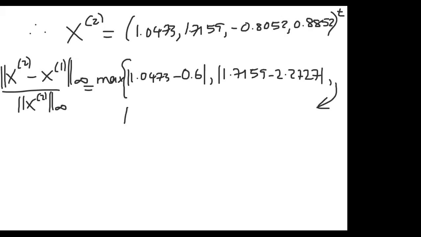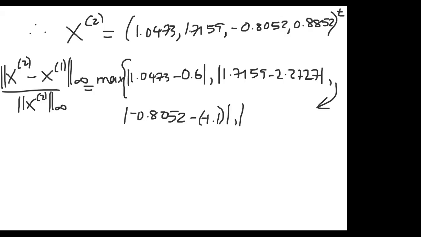Then the next value will be negative 0.8052, then minus small x31, so that's negative 1.1. That's what we got, absolute value of that.